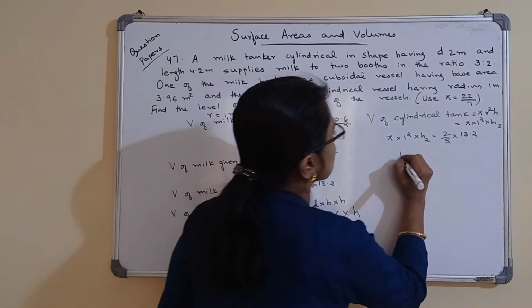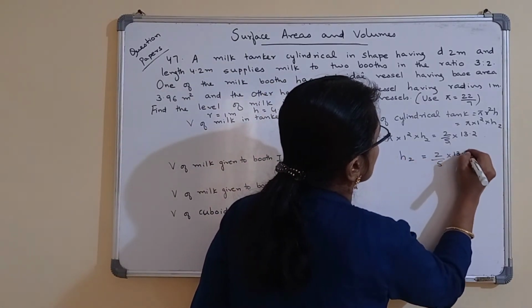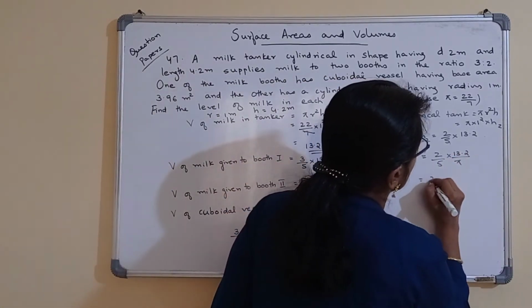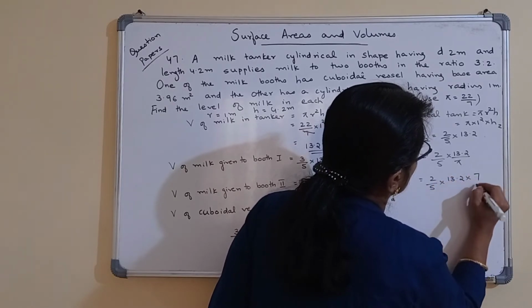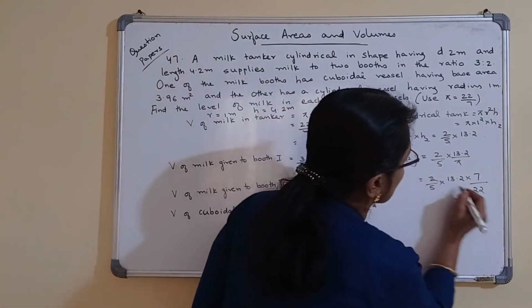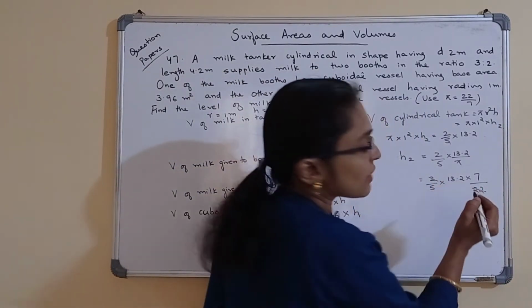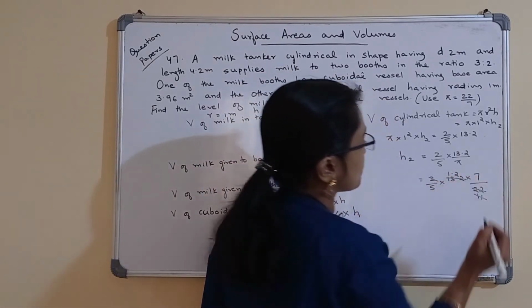So h2 is equal to 2 by 5 into 13.2 divided by pi, which is equal to 2 by 5 into 13.2 into 7 by 22. And 2 will go in 22 11 times. Then when we divide 13.2 by 11, we will get 1.2.